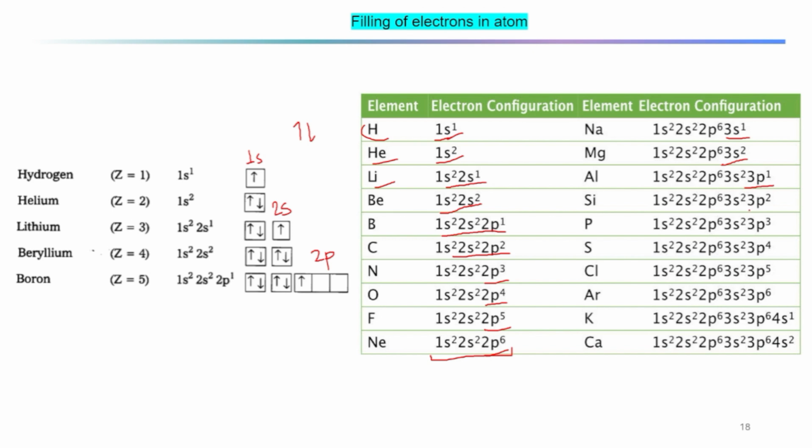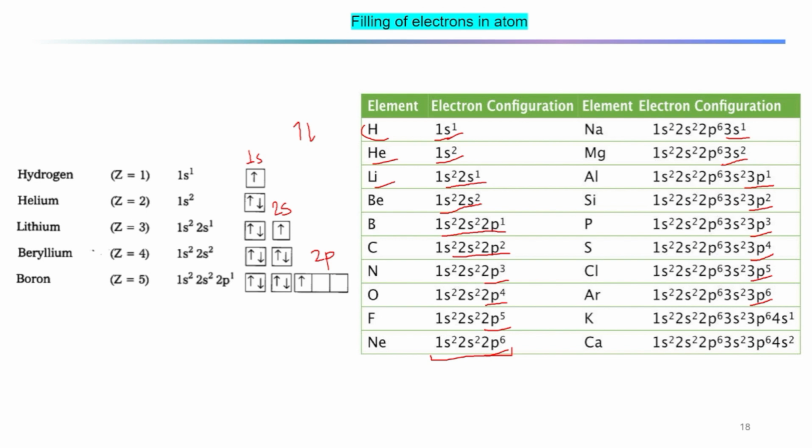Then in case of silicon, we add another electron in the 3p, and likewise in phosphorus, sulfur, chlorine, and argon. In case of argon, the last electron goes in 3p, and we get the electronic configuration 1s2, 2s2, 2p6, 3s2, 3p6. Now as the 3p6 happens, the orbital is closed.